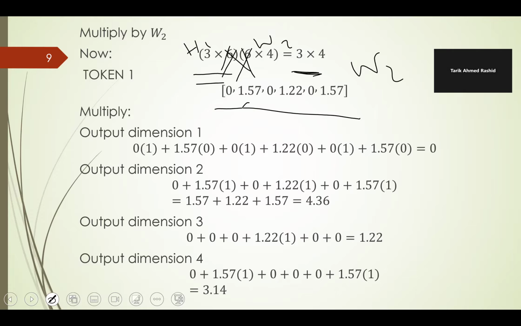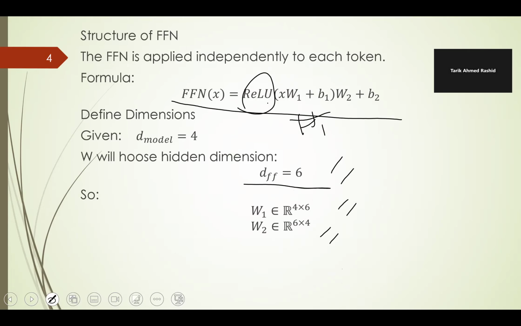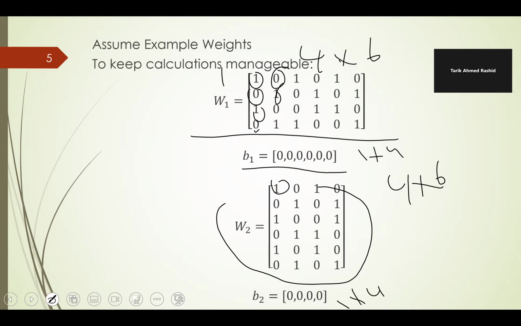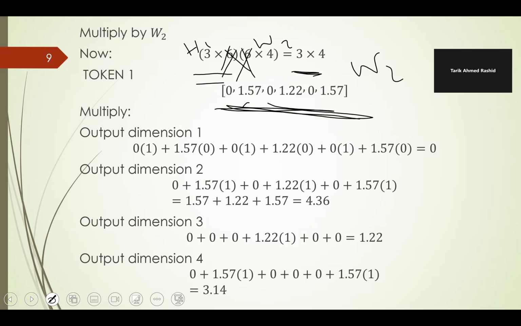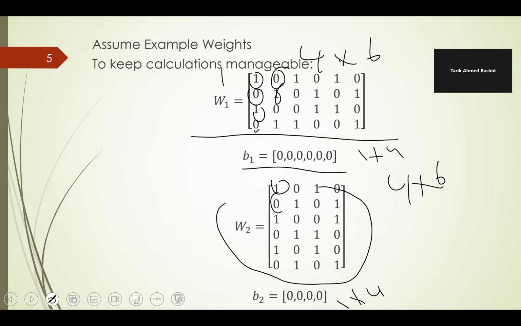Now we have 4 for token 1. This value, 0 multiplied by 1, and that's the 1. If we go back, that is 1. And 1.5 multiplied by 0, and so on and so forth.